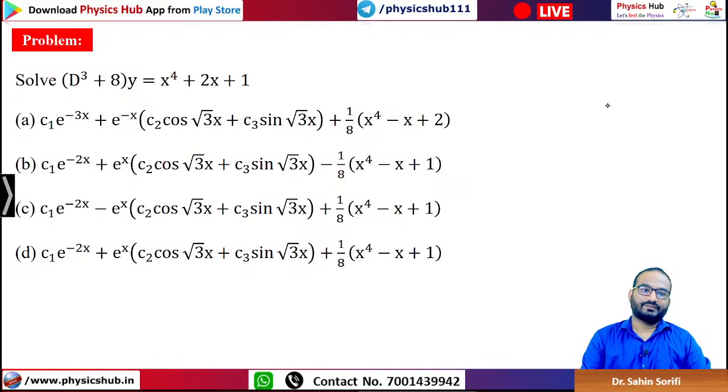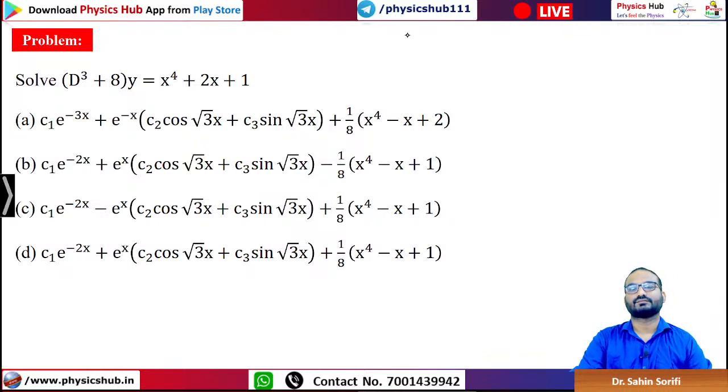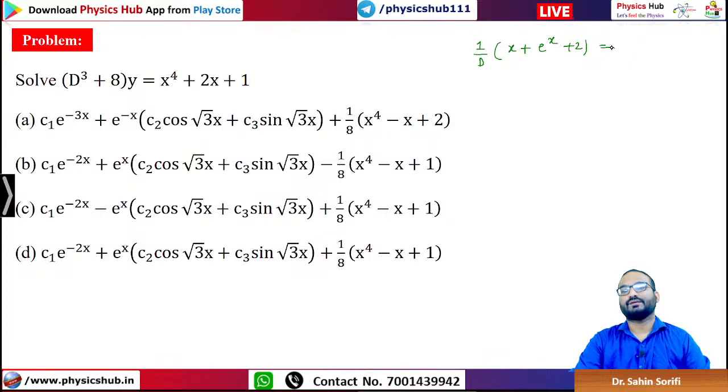You did not get it. Let's say I am giving an example. If somehow you get 1 by D of x plus e to the power x plus 2, so what is the meaning? It is x square by 2, e to the power x, plus 2x.